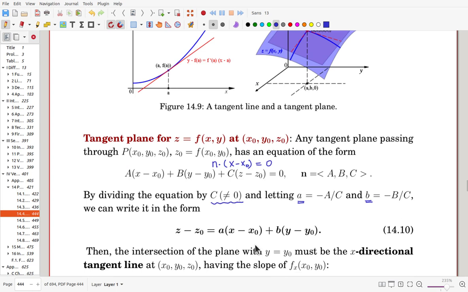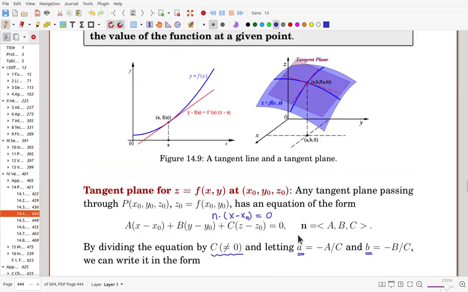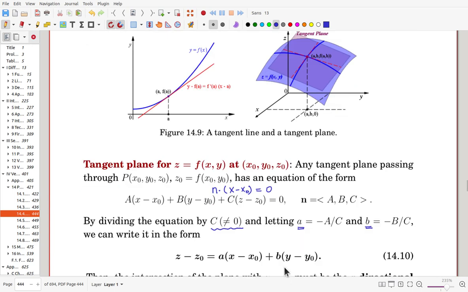Now we have to decide a and b. For example, the plane can be written in this form. Now we choose y equal to y0. In this case, the b term vanishes, and that means along the x direction we have this.